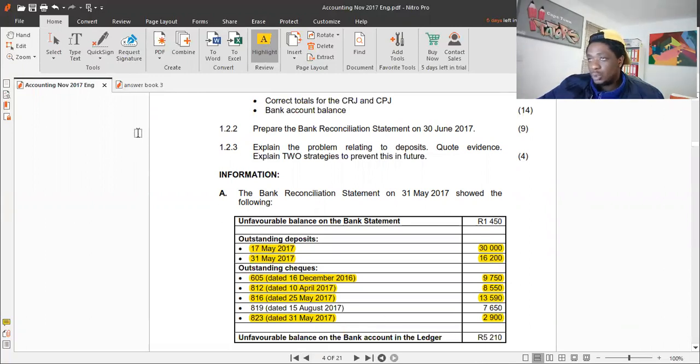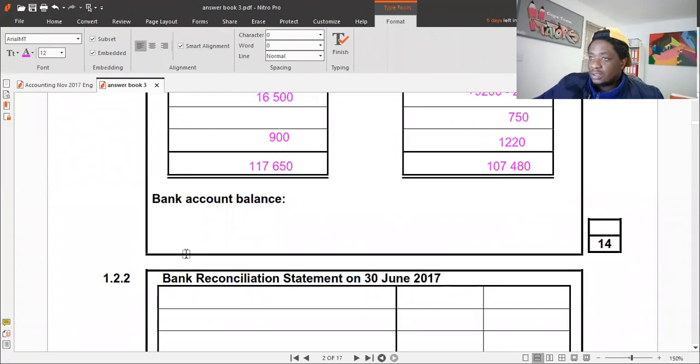So we'll take 5,510, and then we're going to add the receipts total, cash receipts journal total, and then we're going to subtract the total for cash payments. And the answer to that is going to be 4,960. So that is the bank account balance.